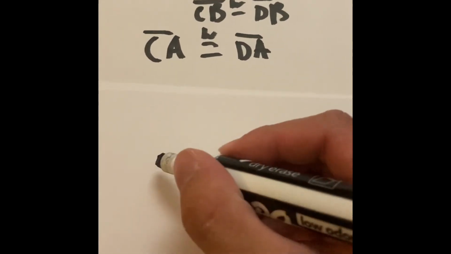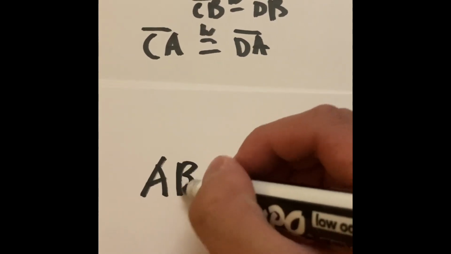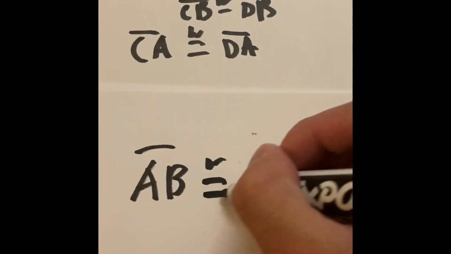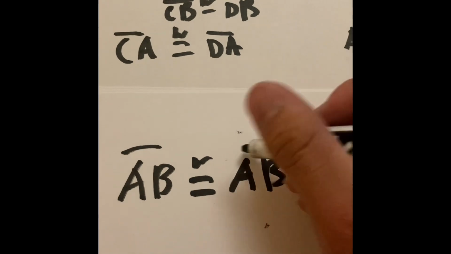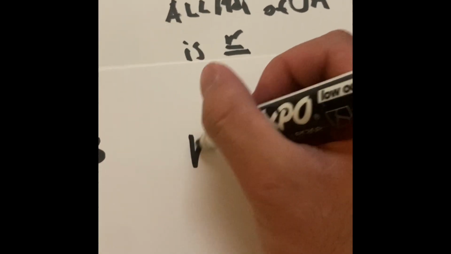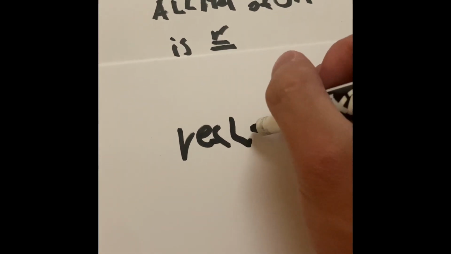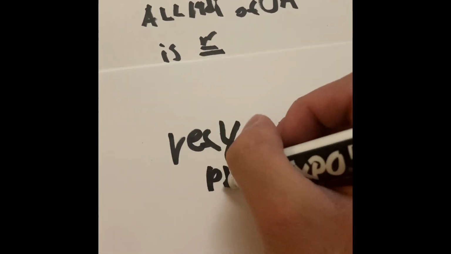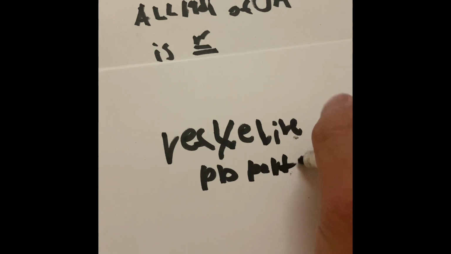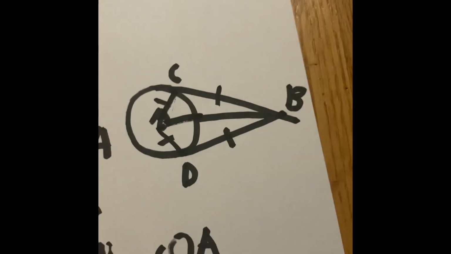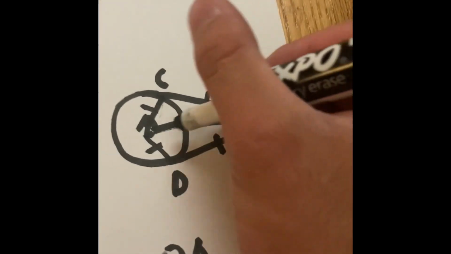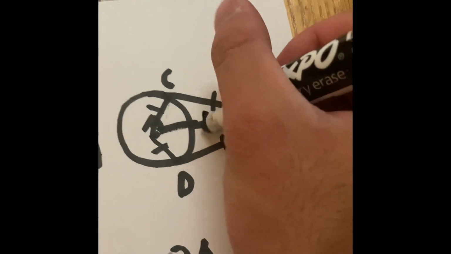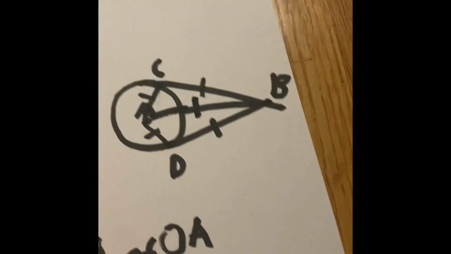So we're going to put that segment AB is congruent to AB, and we can say it was our reflexive property. The reason why is that if AB is the same thing as AB, it can be congruent to itself.